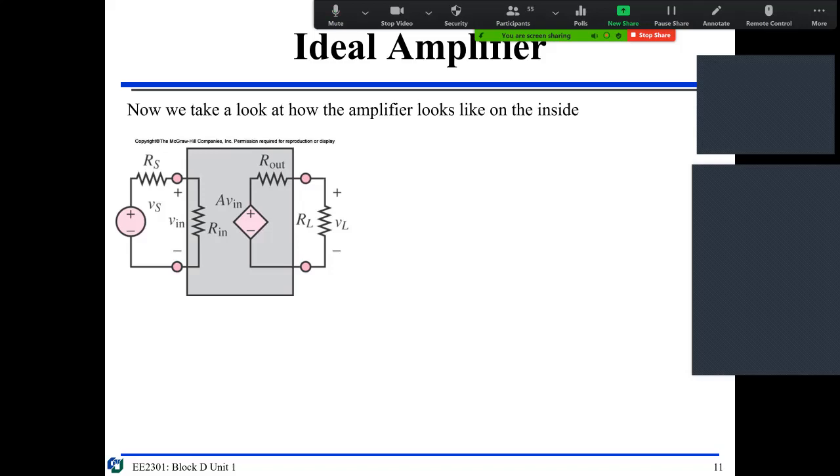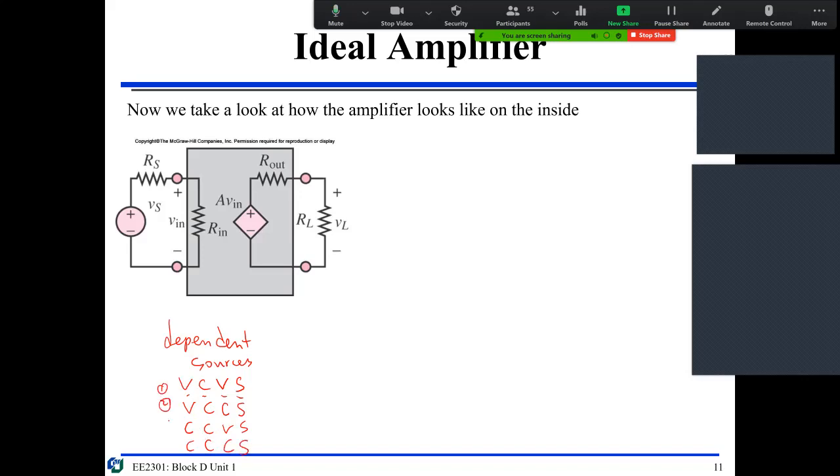I remind you that you have learned something called dependent sources: voltage controlled voltage source, voltage controlled current source, current controlled voltage source, and current controlled current source.